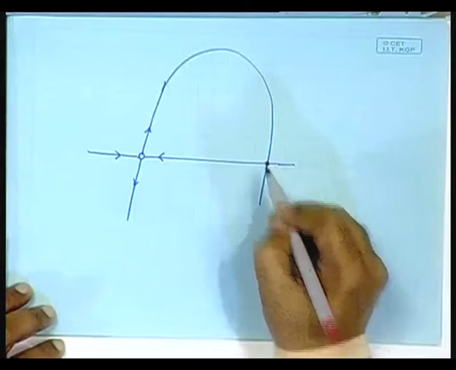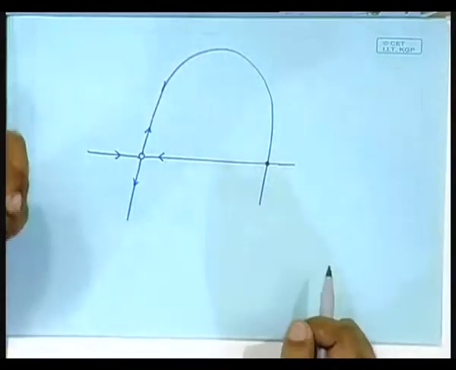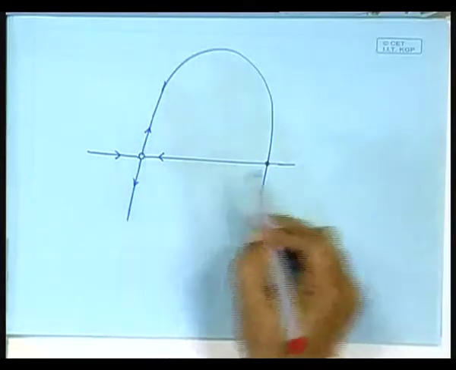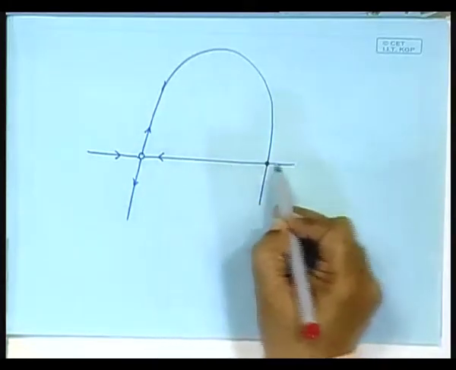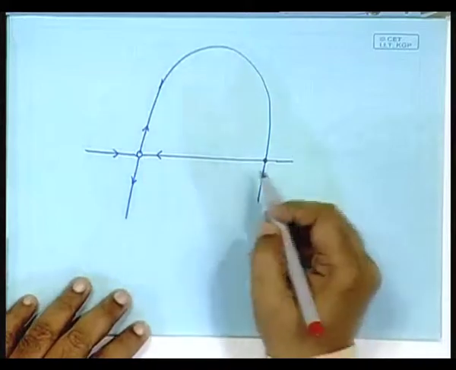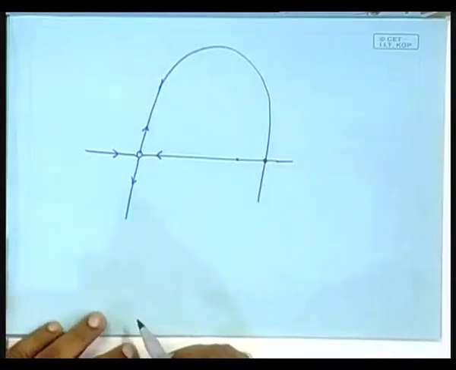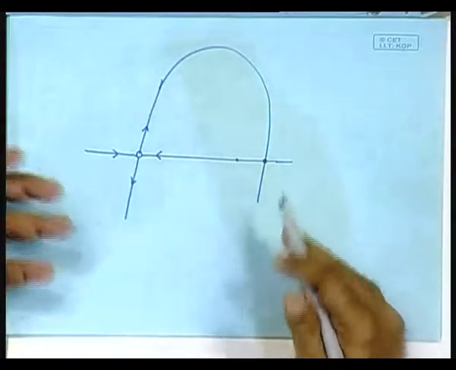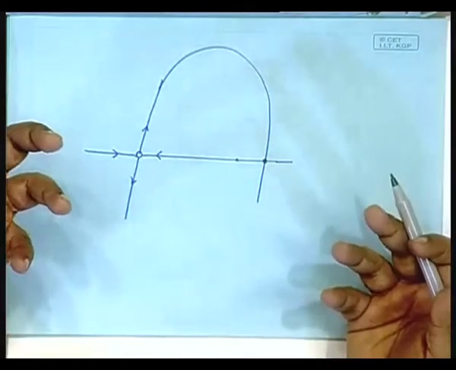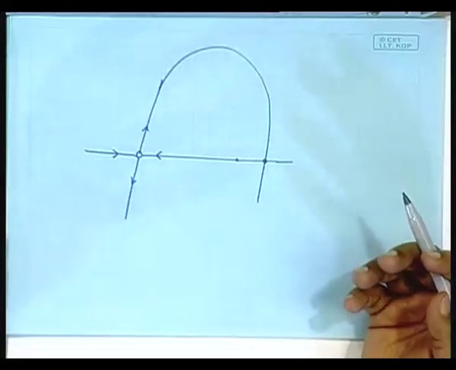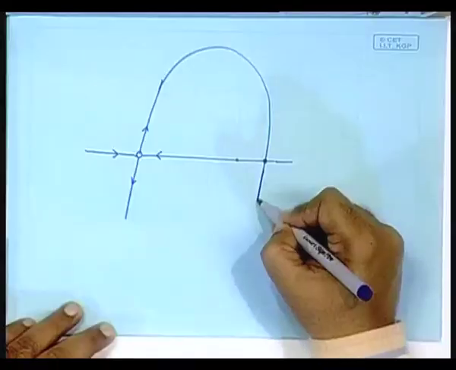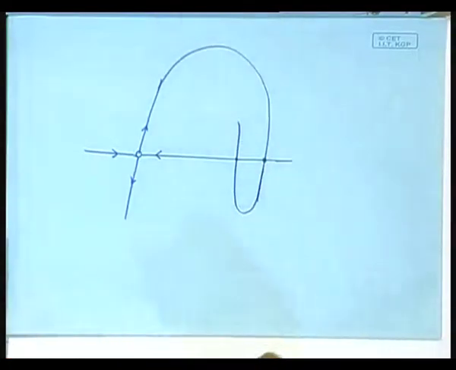Now, if you take this point and apply the map, it should map somewhere, and since it is on the stable manifold, it must approach along that direction. So, suppose it maps here, it must be on the stable manifold in the next iterate, but it is also on the unstable manifold. How can that be possible? No, the only way that is possible is that the unstable manifold also crosses.